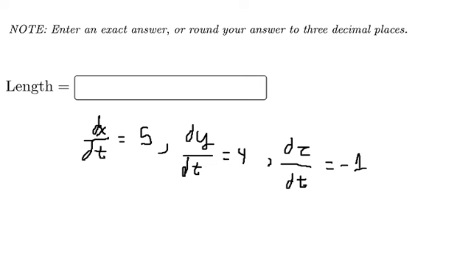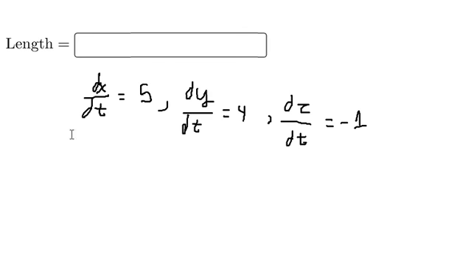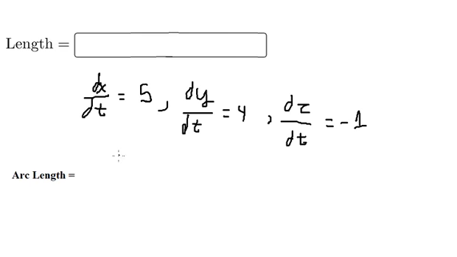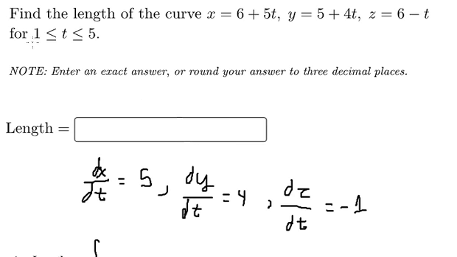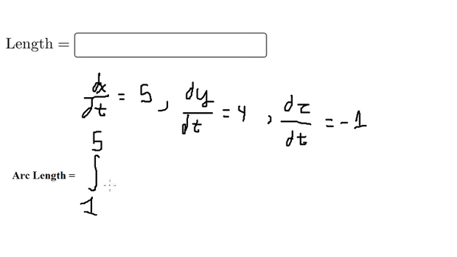Now we apply the formula in here, and the formula for this one should be about the integration. So we have from number 1 to number 5, so we put number 1 in here, number 5 in here, and we have the integration.